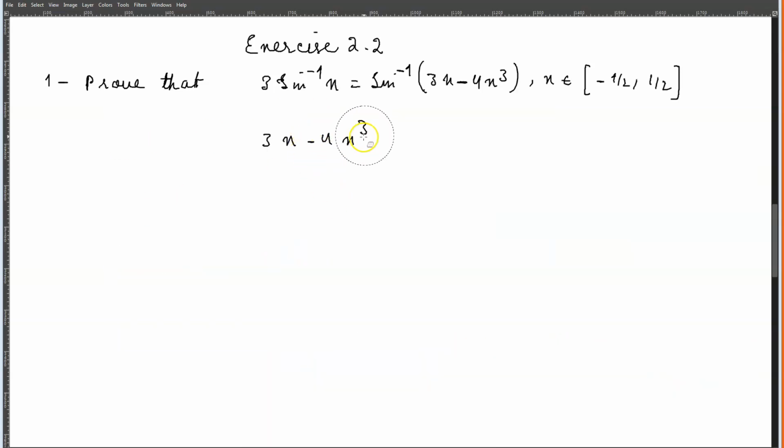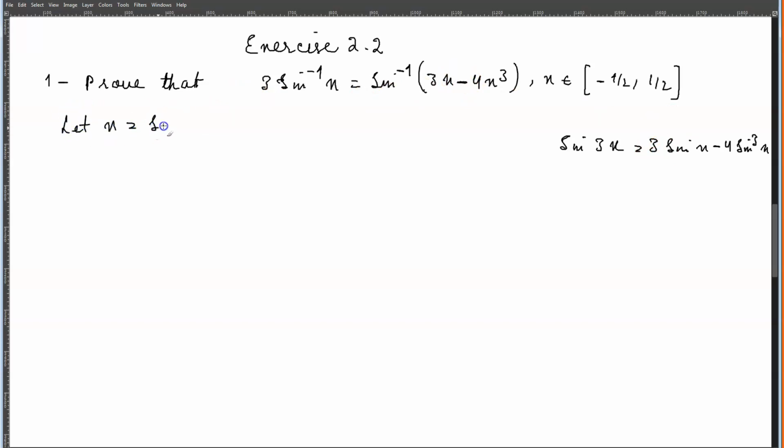So I can use this formula here. I can say that I know that sine of 3x is equal to 3 times sine x minus 4 times sine cube x, which means that if I set x equal to sine theta, for example, let x be equal to sine theta, we have the RHS.